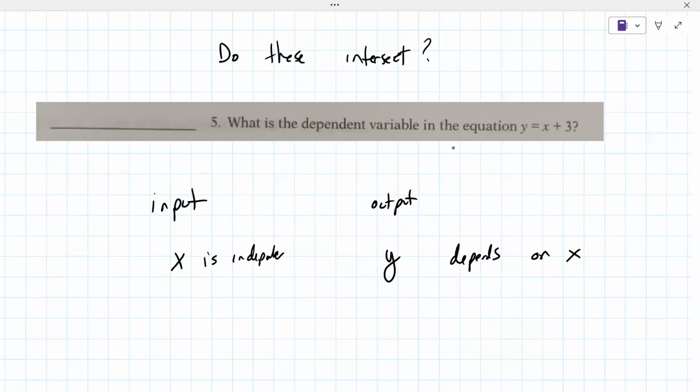To get a y, you need an x. The dependent variable is the one that requires something for it. So which is the dependent variable in this? The Y. Yes.